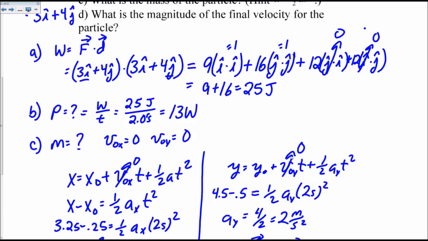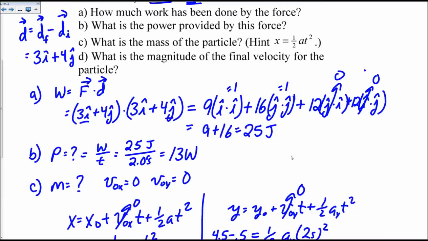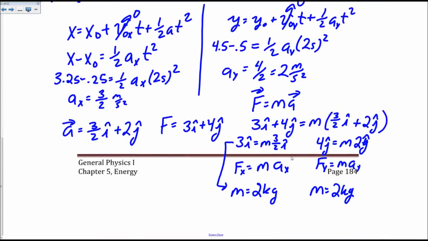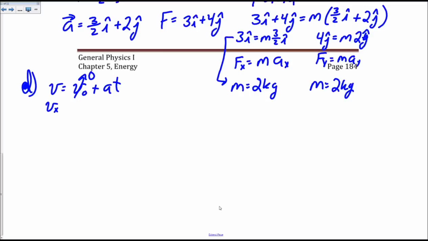I think that was the last thing on that. Oh, what is the magnitude of the final velocity for the particle? Well, now I know its acceleration. To find the magnitude of the final velocity, I just say v equals v naught plus at. V naught is 0. Vx is going to equal ax times t, and similarly vy will equal ay times t.